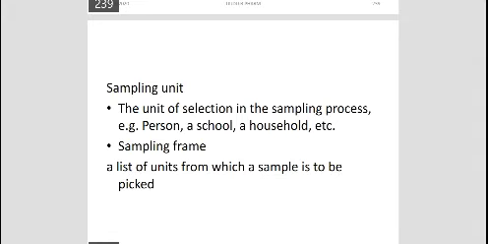But we also have a sampling frame, a list of units from which a sample is to be picked. As we said, maybe we want to draw a sample from primary schools, class 4 students, Ilala district or Temeke district.